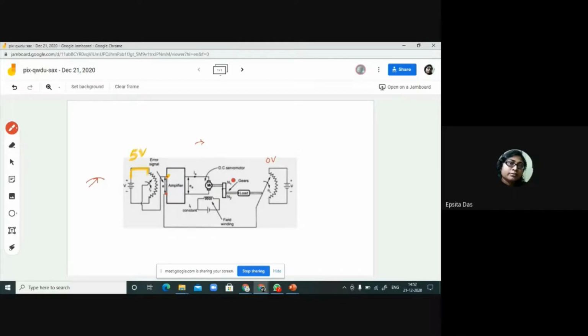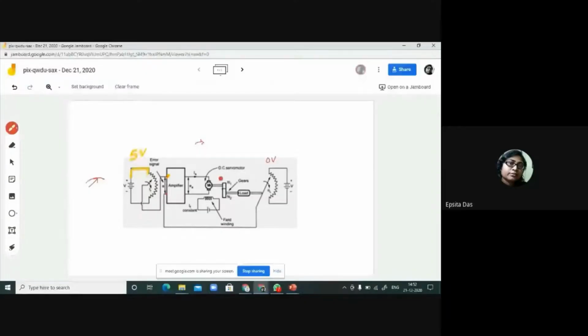I will give you a video where you will find how we can get a gear train arrangement, or how we can model a gear train arrangement. You can find that this pointer is basically the load of the motor, and that is arranged by the gear train. The motor is continuously rotating. Why is this gear train arrangement required?